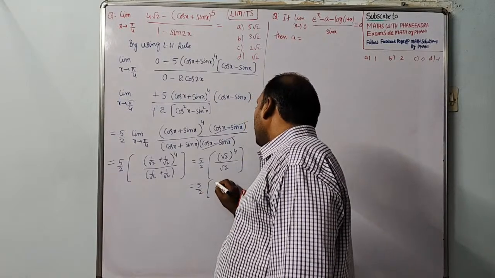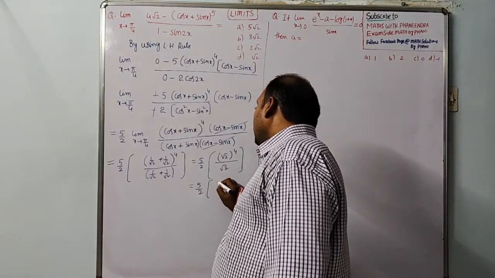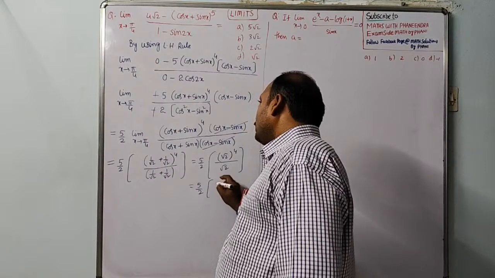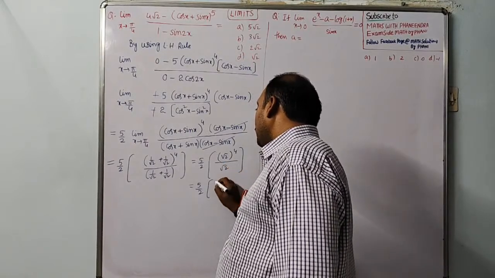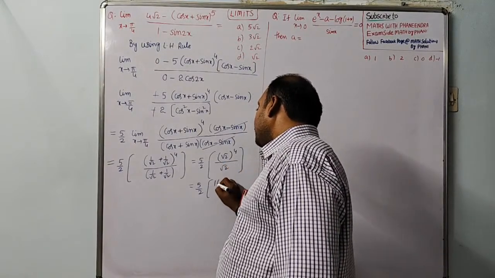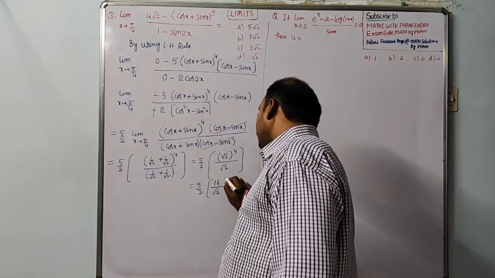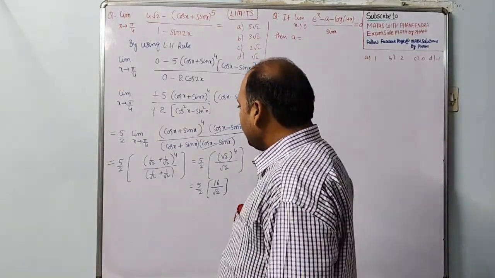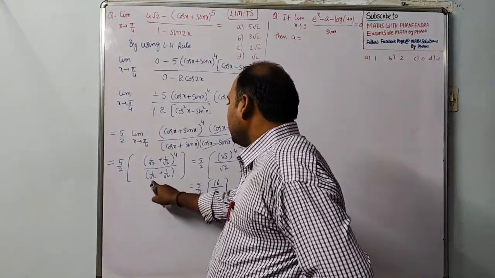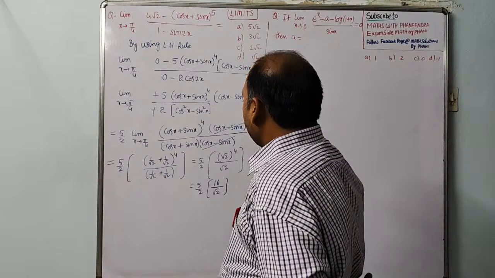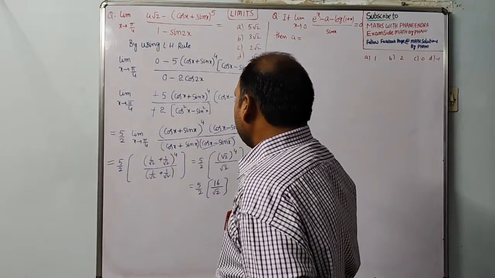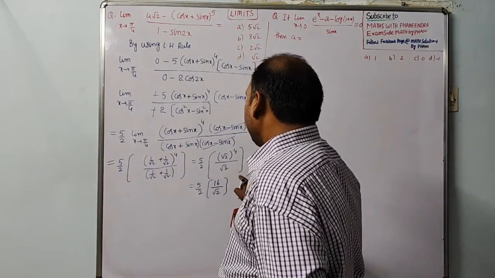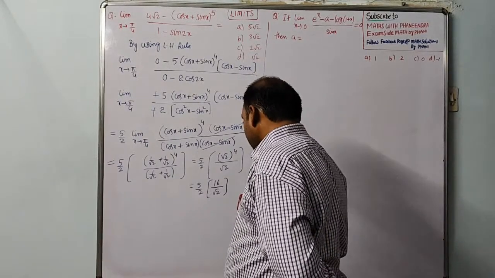Root 2 whole power 4 means root 2 into root 2, 2 to the 4, that is 16, divided by root 2. Okay, dear students. Even here also, 1 by root 2 plus 1 by root 2, 2 by root 2 means root 2 will come.